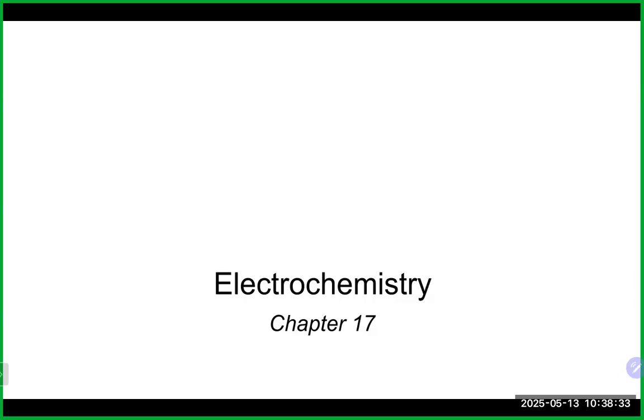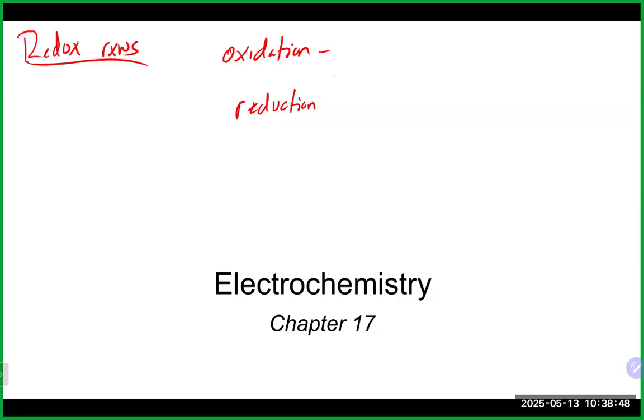So first off, we're going to talk about redox reactions, and redox reactions means oxidation and reduction. And these things always occur together. So if somebody gets oxidized, somebody else will get reduced.